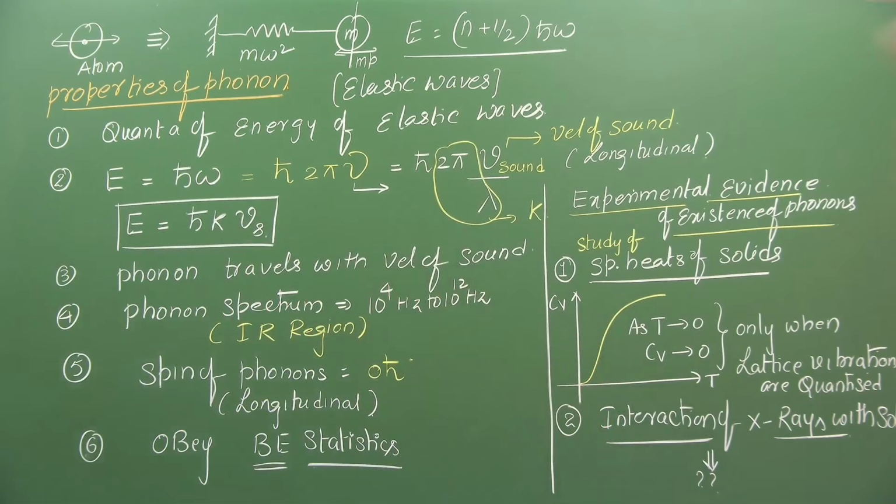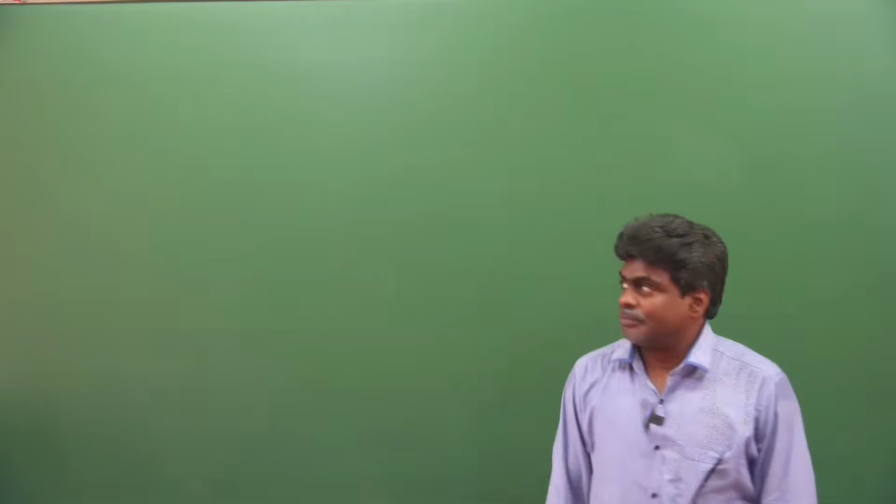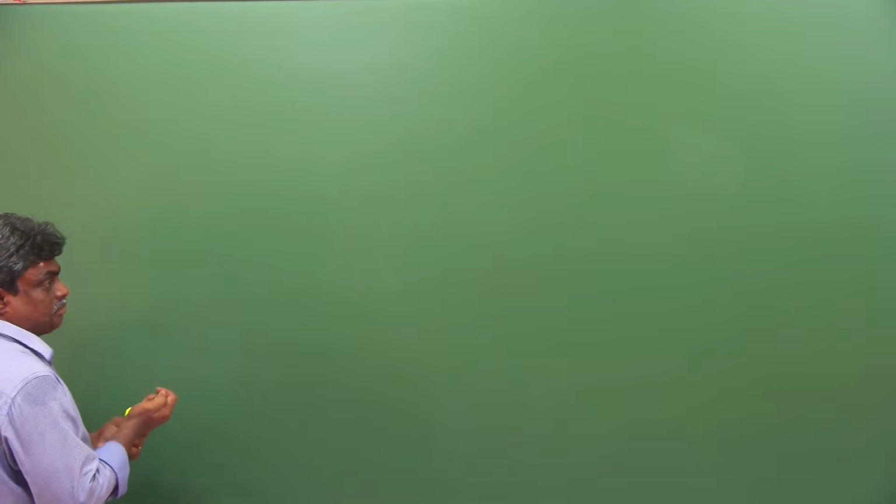According to Einstein theory, it is proportional to 1/T, but according to Debye, it is a T cube law. Everything you will get. Are you ready? Very important, listen please.